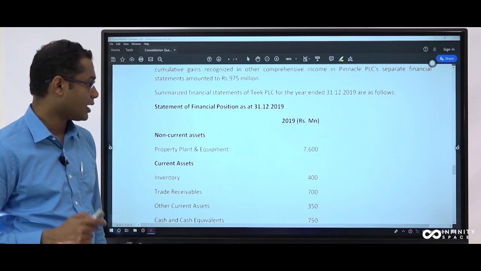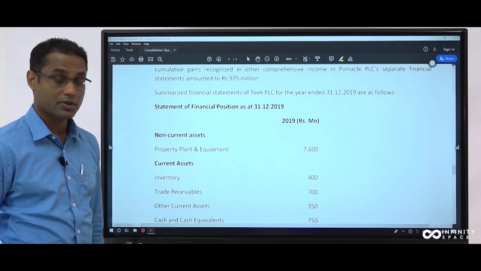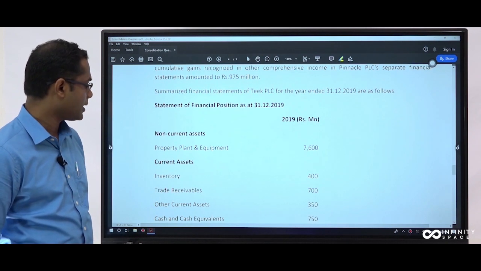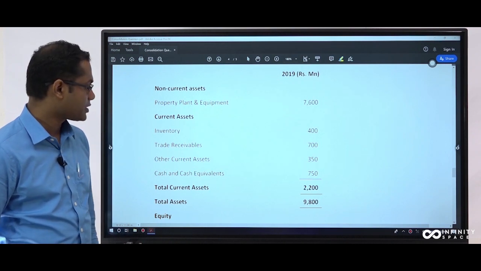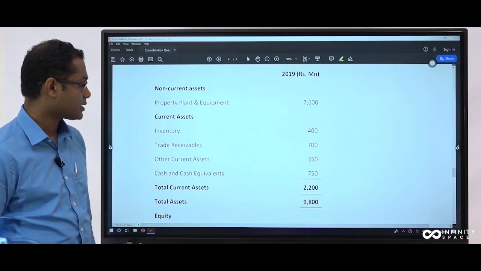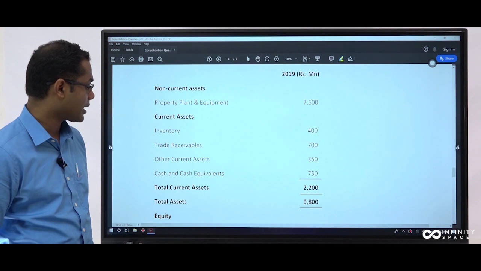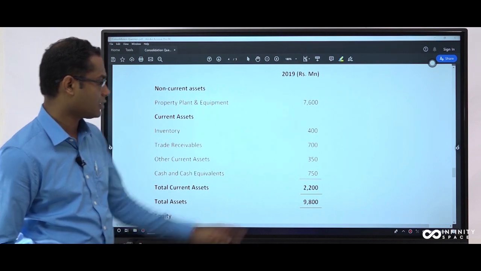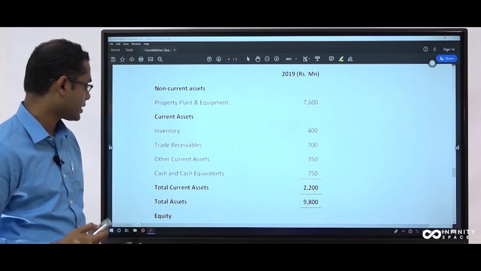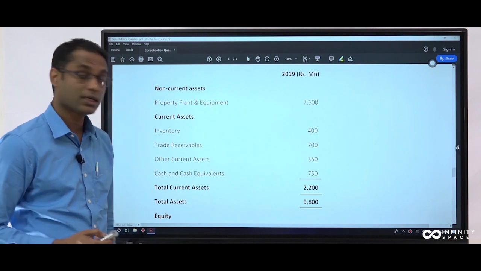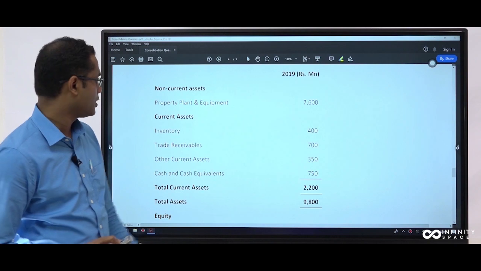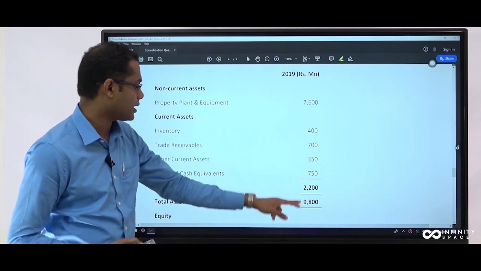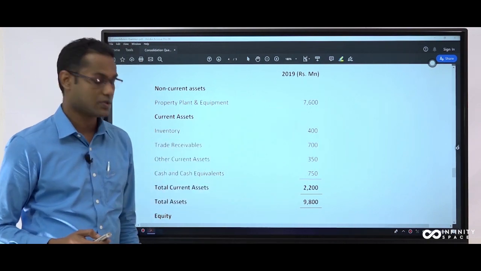Non-current assets, property, plant and equipment 7,600. Then current assets: inventory 400, trade receivables 700, other current assets 350, cash and cash equivalents 750. The total of these is 2,200. Adding that to the non-current assets, total asset value is 9,800.